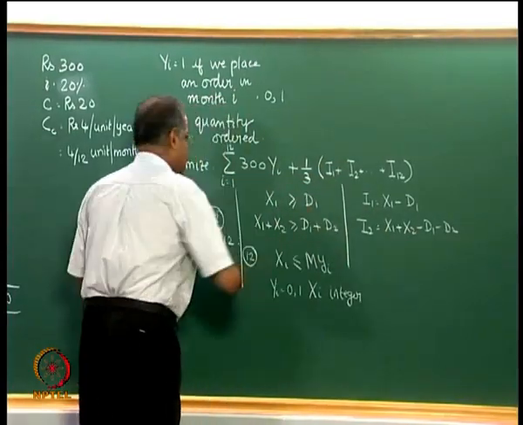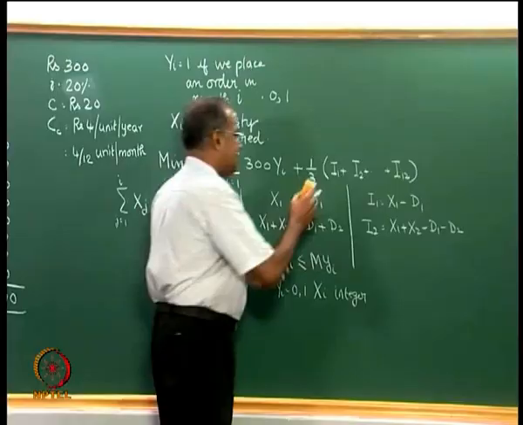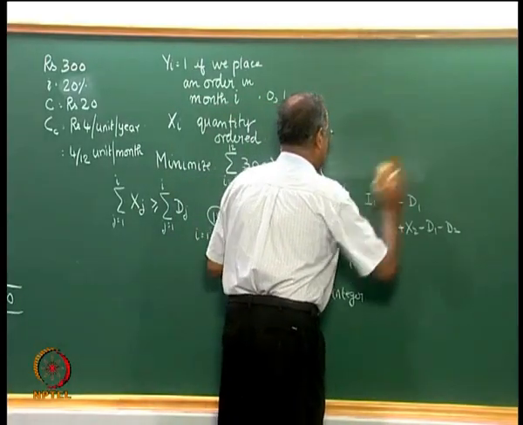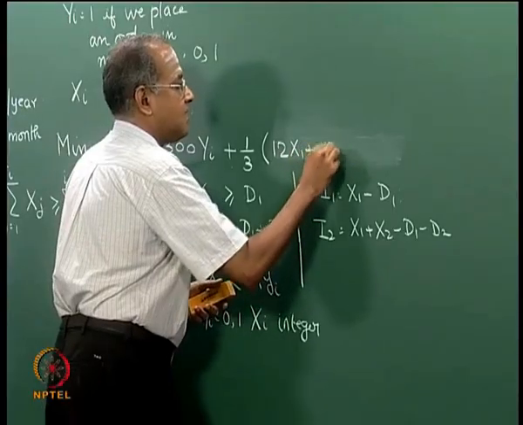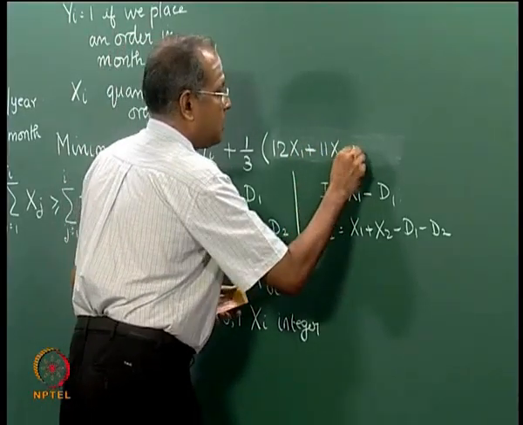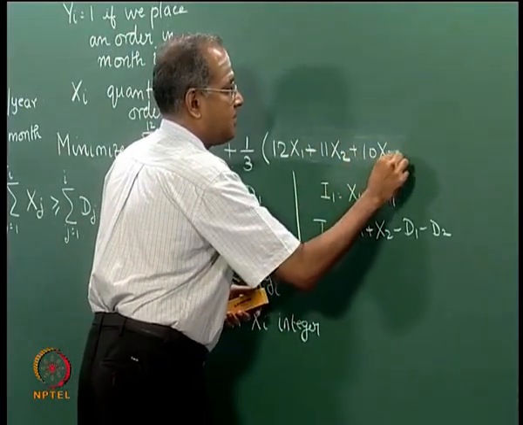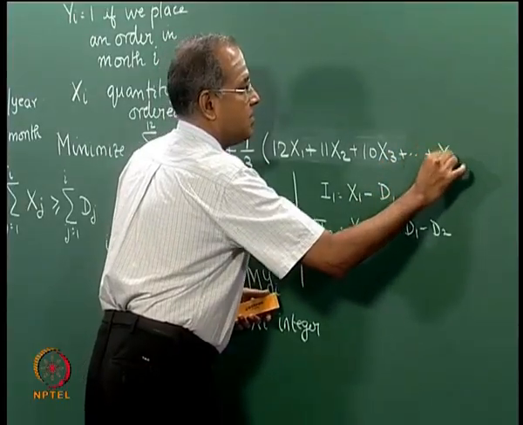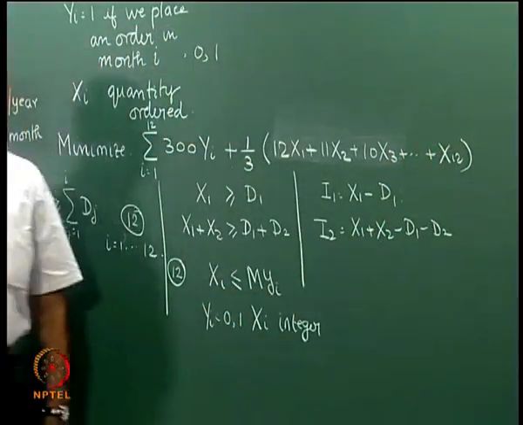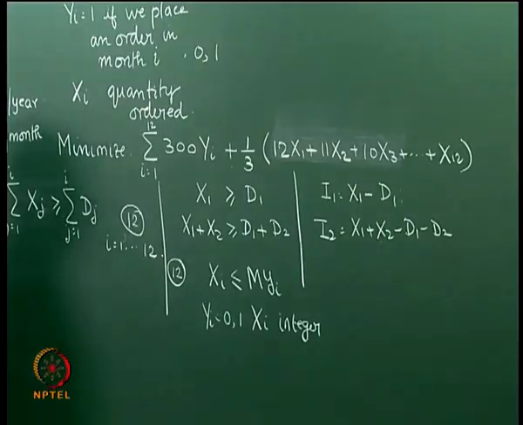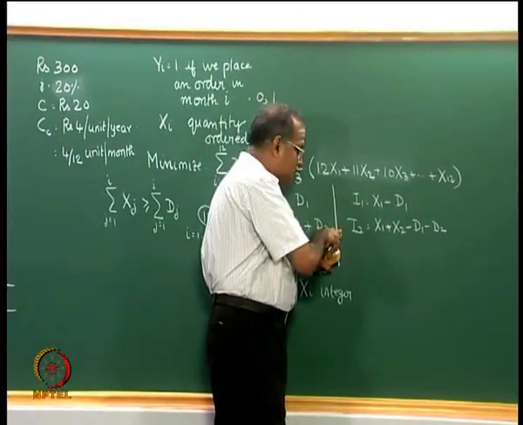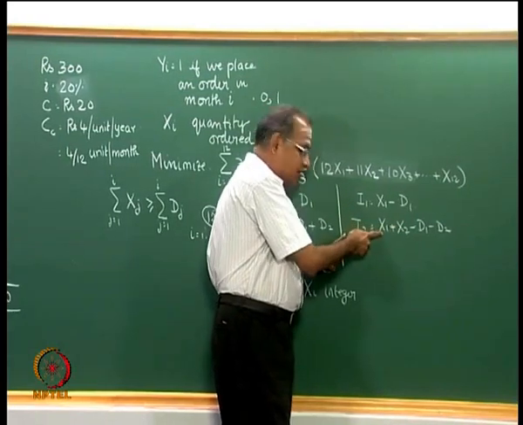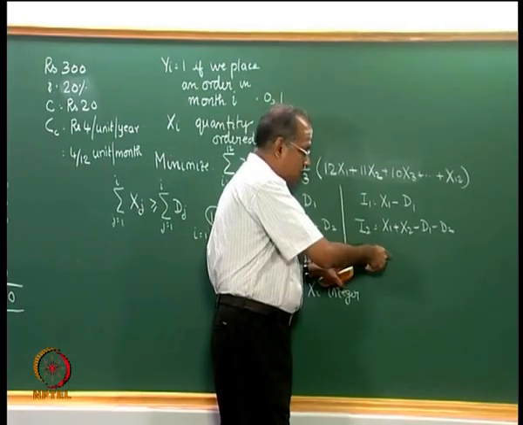So when we substitute this into I1 plus I2 plus I3, what we will get is 12 times x1 plus 11 times x2 plus 10 times x3 etc. up to x12, because I1 is going to have x1 minus d1, I2 also is going to have x1 plus x2, so it is going to have an x1 term, and I3 also will have an x1 term.